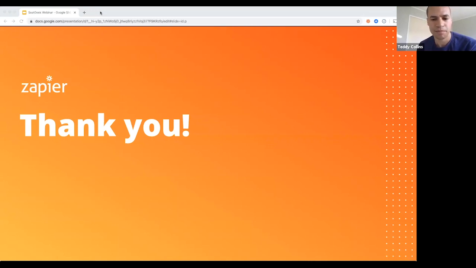The number of steps usually ranges from 3 to 5, and we try to have as clean a data set as possible going into Zapier instead of doing the heavy lifting once it gets into Zapier.